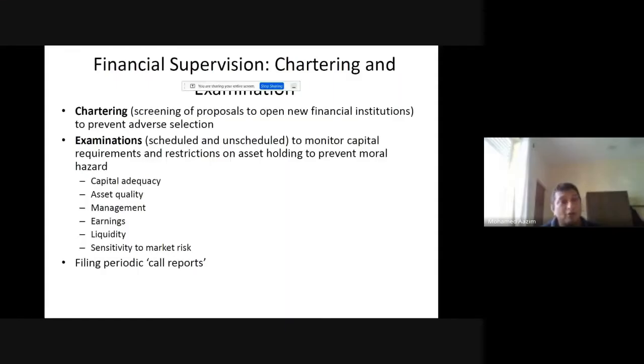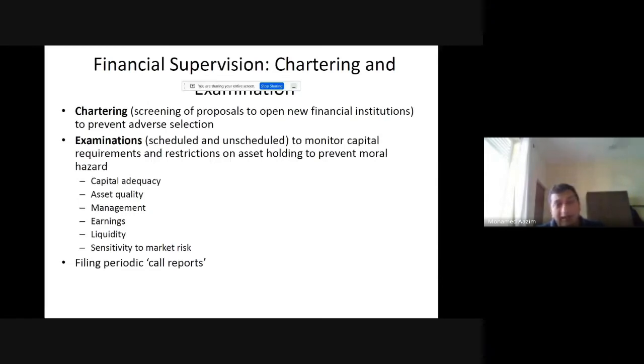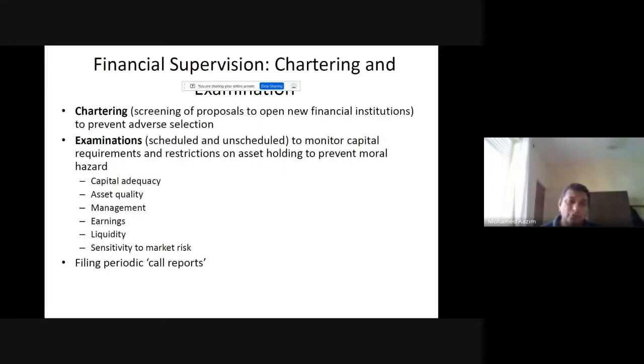Management, the people who run the financial intermediary: the retirement of a senior manager, or a new recruit to the treasury or corporate management who is not reputed, can create a lot of concern in the eyes of regulators or the financial market. That's why, when it comes to management, there is an element called fit and proper assessment of senior management of financial intermediaries. Fit and proper.